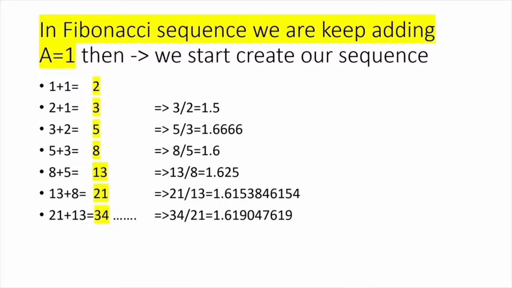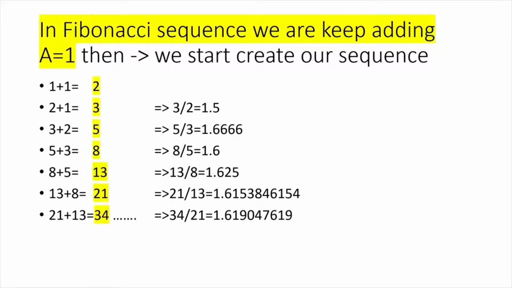Now in the Fibonacci sequence, we're starting from 0, so our first digit is 0, then we add 1, and this is how we move forward by creating this sequence. 1 plus 1 equals 2. So this is our first Fibonacci number. Our second Fibonacci number is 3. We are adding the previous values: 5, 8, 13, 21, 34, and so on.